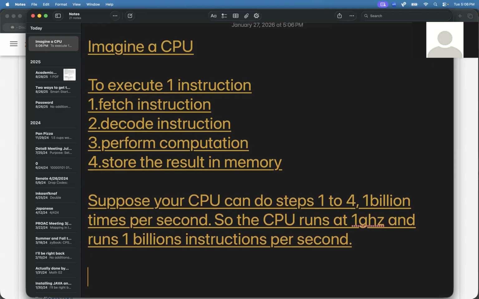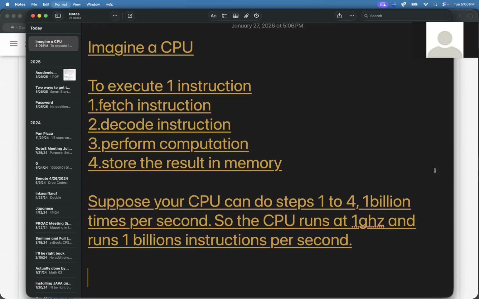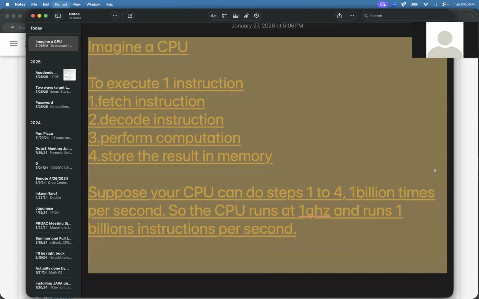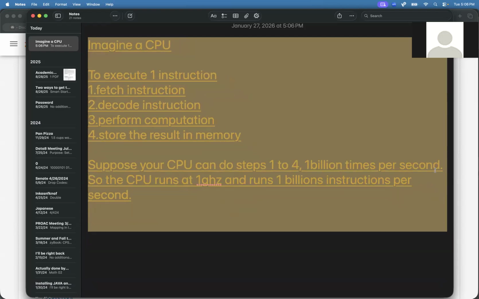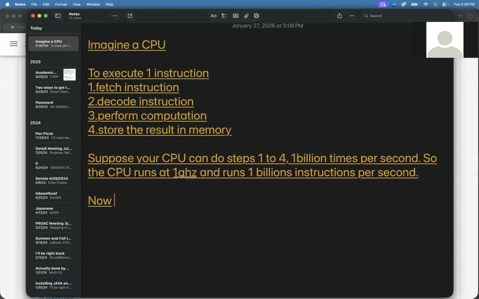Okay. Now imagine a different CPU. We want to imagine a second CPU that works slightly differently. It still does these same steps.